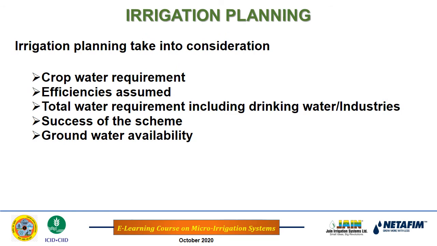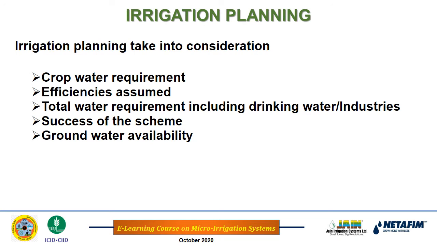Then irrigation planning would also take into consideration crop water requirement, so that we have to estimate what the crop water requirements are. And as we know, crop water requirement would depend upon what type of crops we are taking, and also where in the geographical area we are planning to have those crops, because every geographical area would have different climatological conditions, and accordingly the same crop grown in different areas would have different crop water requirements.